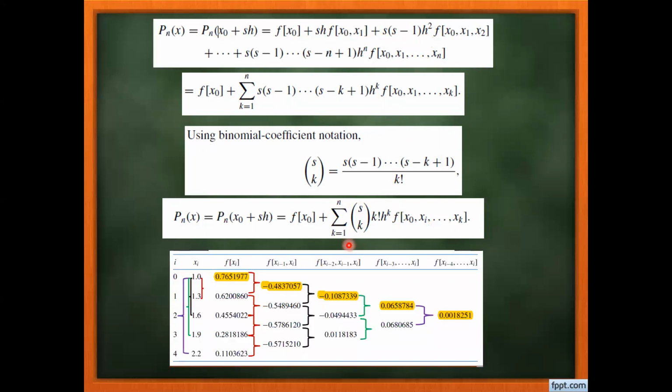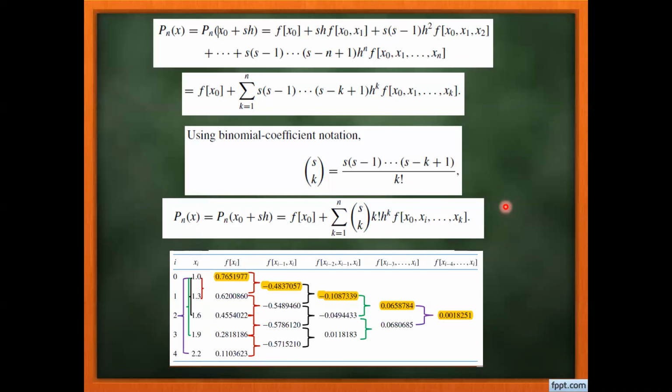So now if I link it again, you can see that the value of f of x naught is this. The value of f of x naught x1 is this. The value of f of x naught x1 x2 is this, and so on. The last value is this. So we are going to use the upper diagonal values in equally spaced notation form. This means that the Newton divided difference formulation can be applied to equally spaced or unequally spaced data.